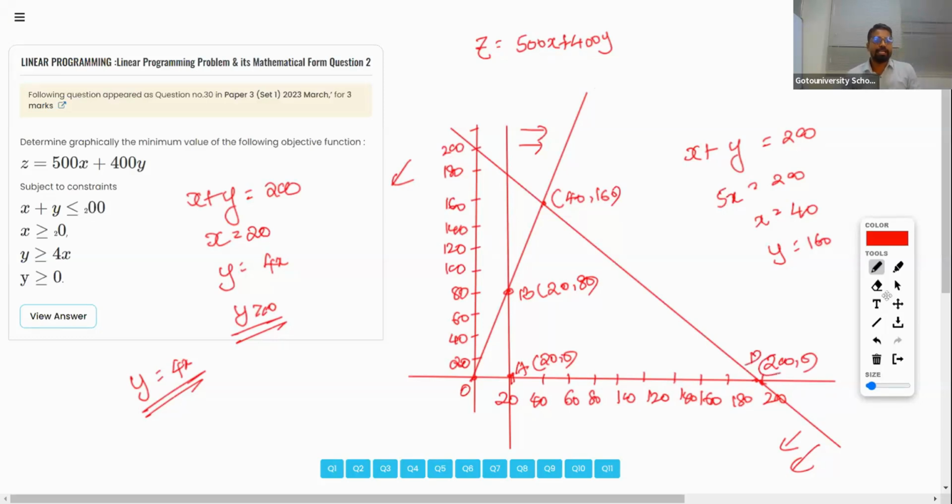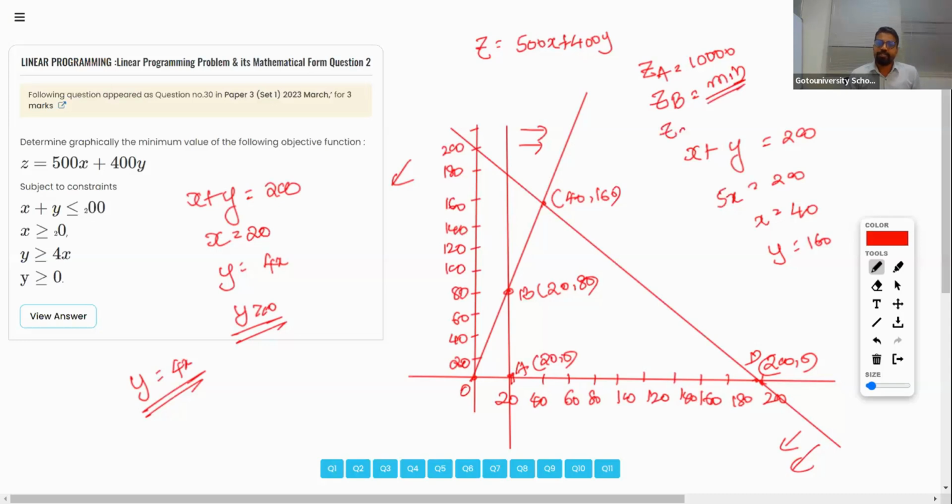Now what we have to do is maximize or minimize. So we have to minimize, right? So where is the minimum value? ZA is 500 into 20, which is 10,000. What about ZB? It cannot be the minimum because it crosses the value.